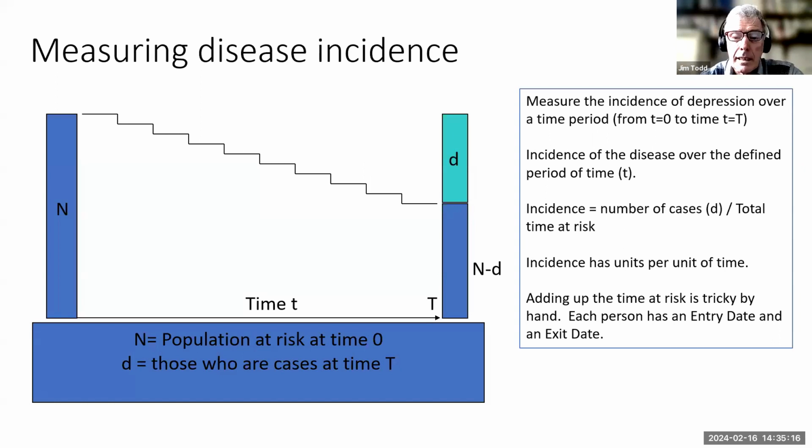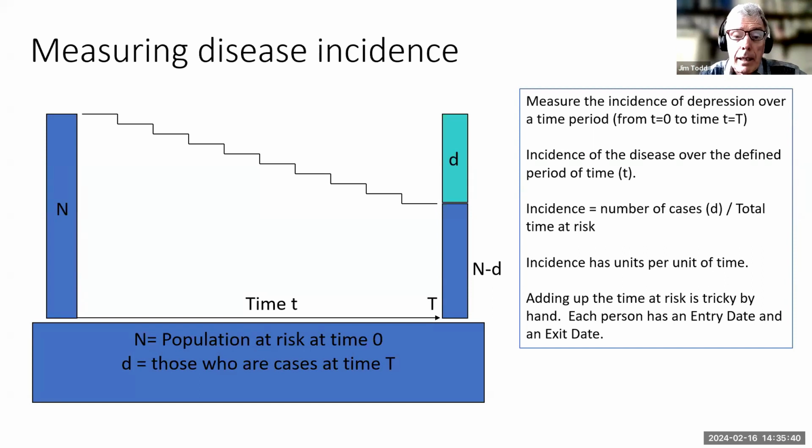It has a unit as the unit of time that we're using there. If we're using days, then it'd be per day. If it were using years, it would be per year. And many times for rare diseases, we will be saying per 100 person years, how many people will get this disease.